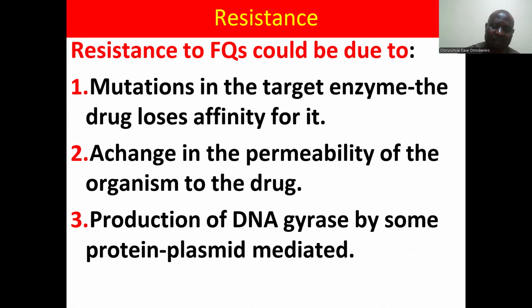So also there could be overproduction of this enzyme, DNA gyrase, by some genetic mutations, maybe like a plasmid. So this is the way by which this organism shows resistance. Are we still following? Yes, I know you are following.